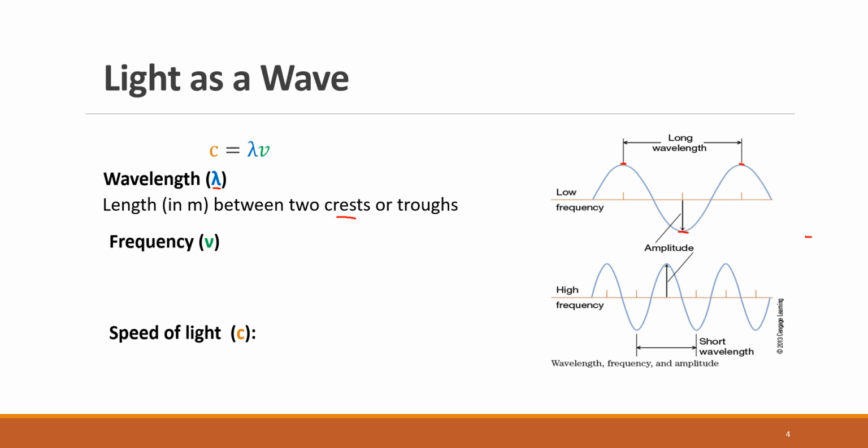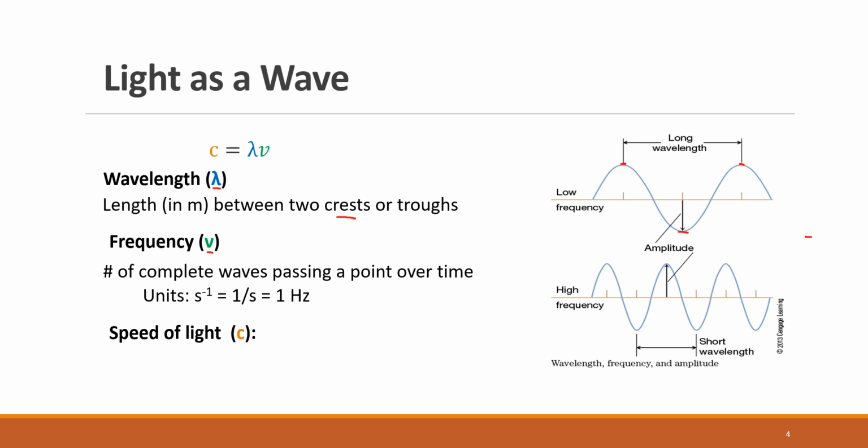Next variable is frequency, represented by this letter v. Frequency is defined as the number of complete waves passing a point over time. Since it's the number of waves over time, the units on it are inverse seconds, often written as seconds to the negative 1 power, indicating that it's inverse seconds.